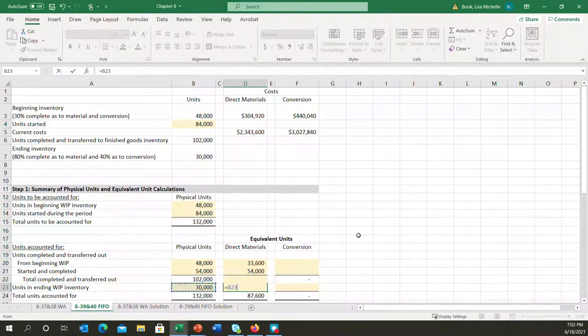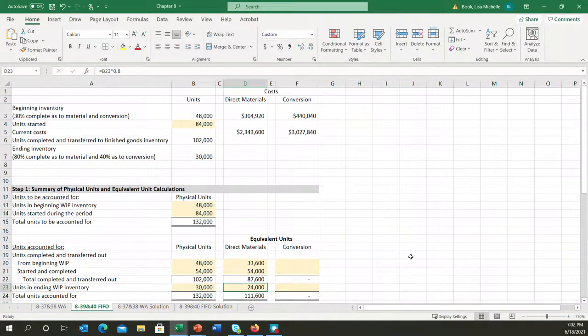I take the physical units of 30,000 and multiply by the percentage of completion that's indicated, and here it tells us it's 80%, and I get 24,000 equivalent units in ending work in process inventory. So when I add that to my equivalent units completed and transferred out of 87,600, I get total equivalent units accounted for of 111,600.